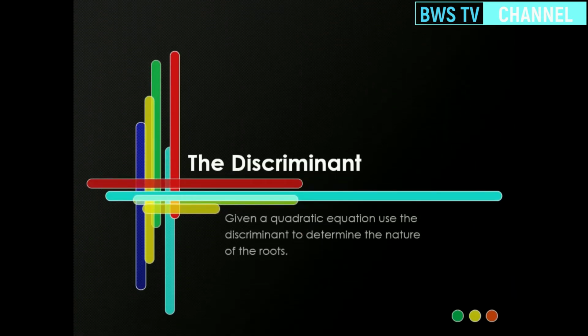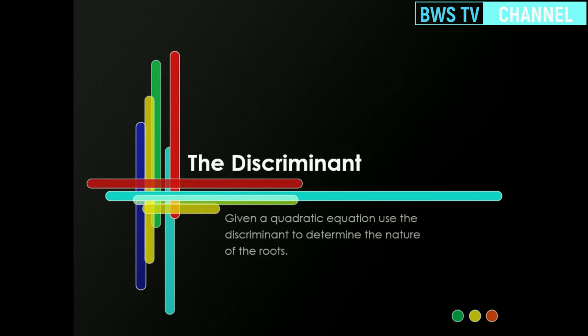So we have our lesson all about discriminant. The purpose of discriminant is to describe the nature of the roots. When we say roots, that means the values of x in a quadratic equation.